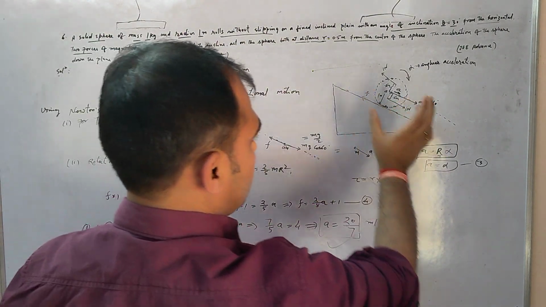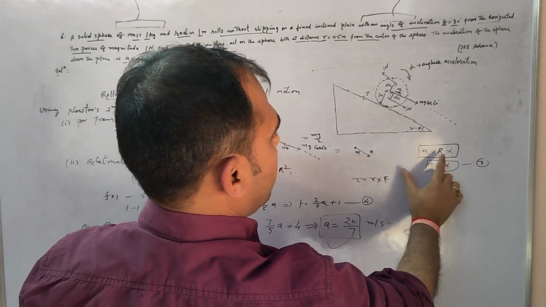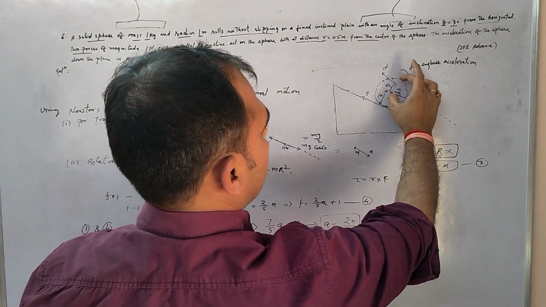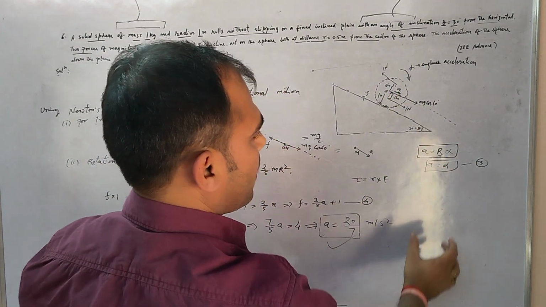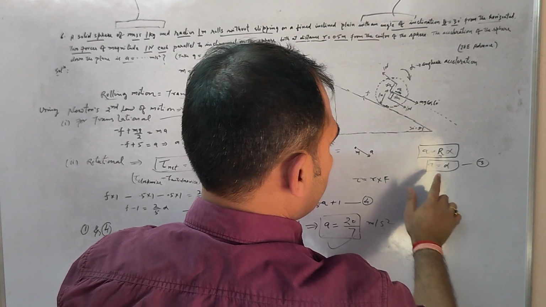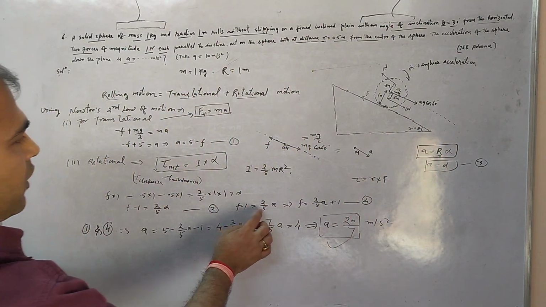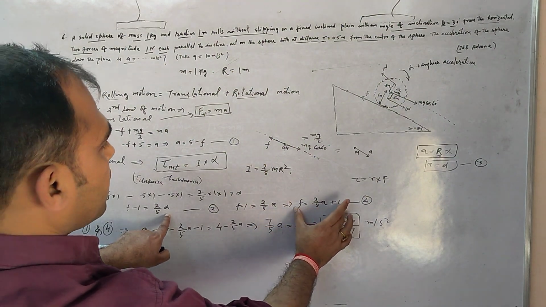Our essential rolling condition is A of center of mass will be r times angular acceleration, where r is the radius of this solid sphere. R is 1, so A will be equal to alpha. Here we put the value, alpha is equal to A. So F will become this.